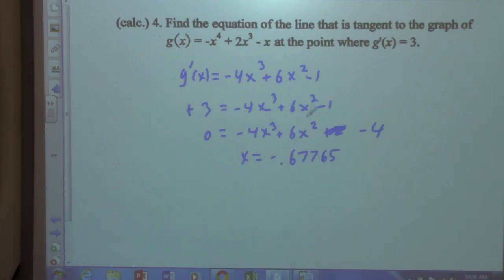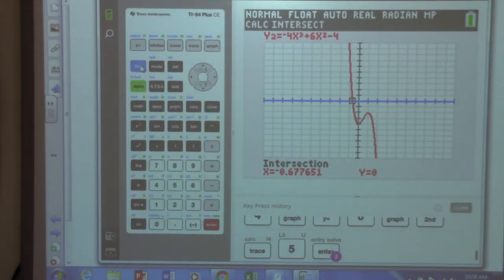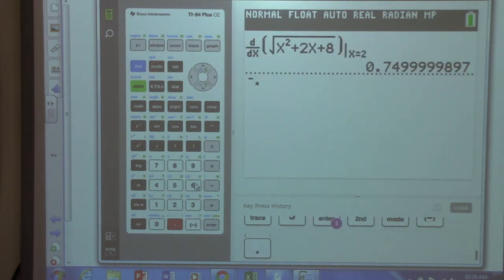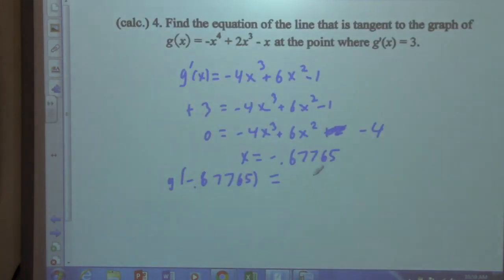Okay, so that's going to be our x coordinate, and then our g of -0.67765 is equal to, so we can plug that in here. -0.67765 store to x, and then we have x to the 4th power plus 2x cubed minus x.